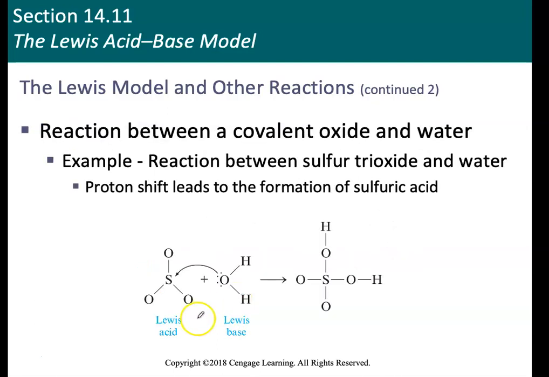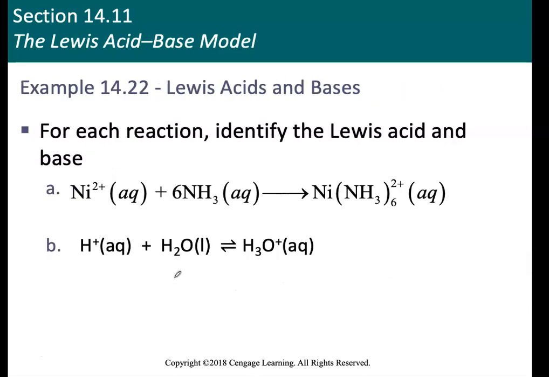So this is another example. You can see here in SO3, the reaction with water is a typical Lewis acid-base reaction. The electron pair comes from the water and sulfur accepts the pair of electrons. And let's just finish up with these two examples.